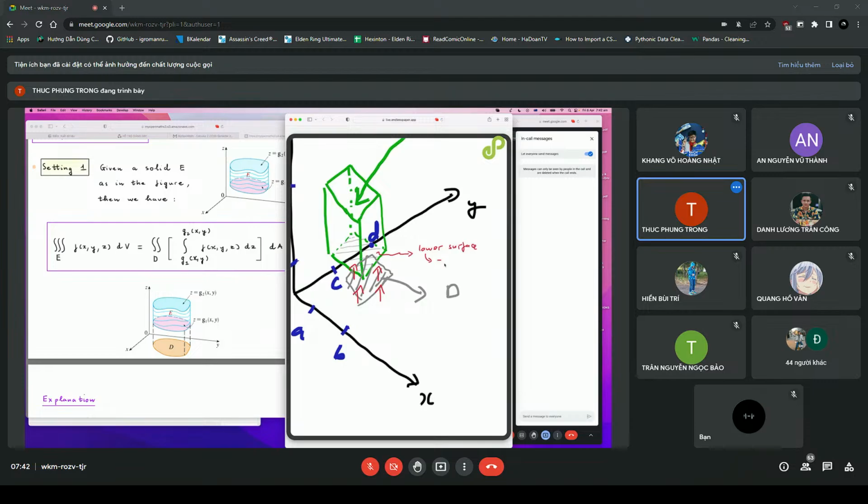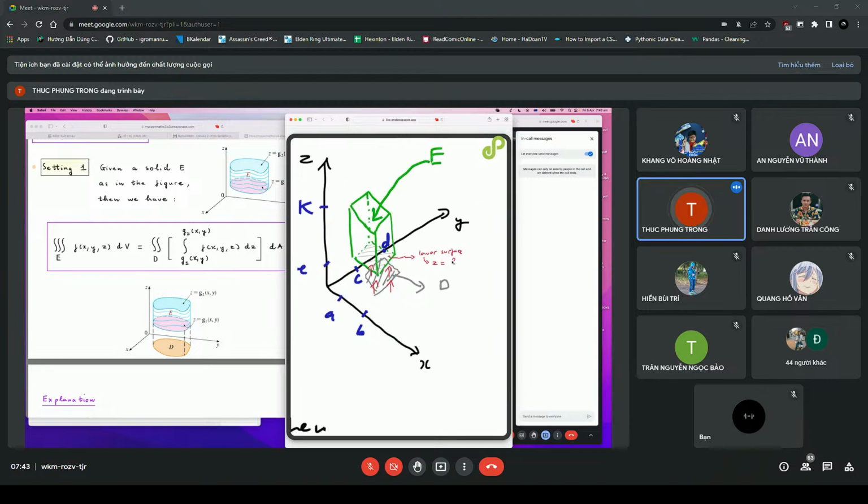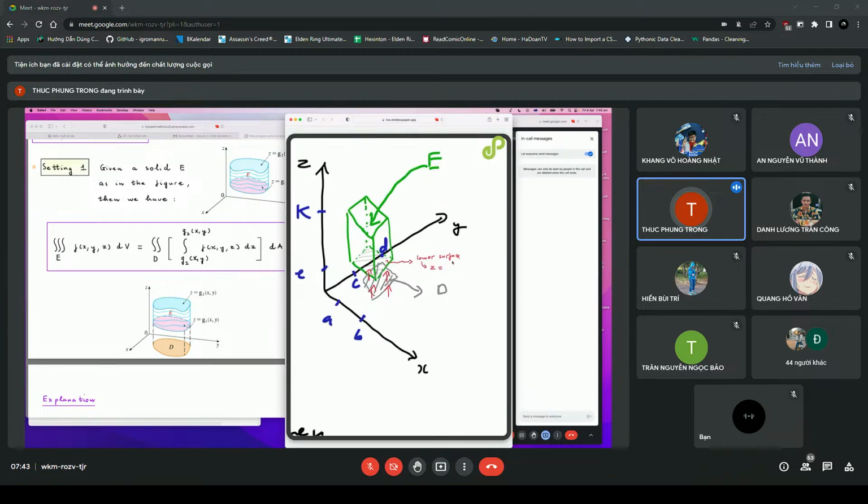The answer should be z equals e, because any point on this surface has a z component that is always the constant e. So this is exactly the function z1 of x, y.